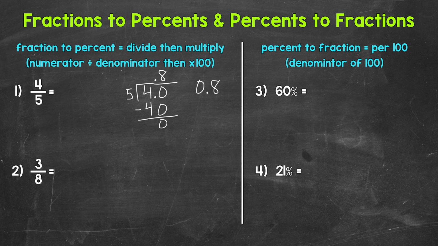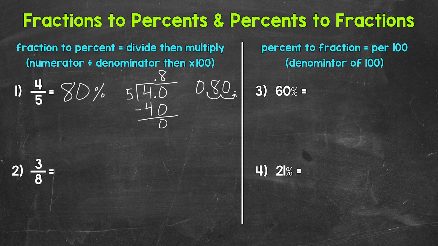So now that we have this decimal, we need to multiply it by 100 to get it to a percent. And again, we can quickly multiply something by 100 by moving the decimal twice to the right. So once, twice, decimal goes here, and we can fill this gap, this place, with a 0. So we get 80. 4/5 equals 80%.